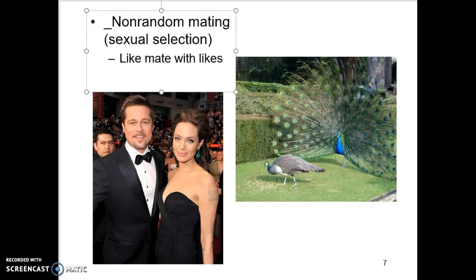Attractive, rich people tend to marry and reproduce with attractive, rich people. Just the way of the world. Peacocks: you got this male here with big, bright, showy feathers, a big tail fan. He's going to appeal to the strongest, healthiest, most attractive female in the flock. You could block this if you limited how many peacocks were there and forced matings, but that's not realistic. That's not nature. That doesn't happen in a natural setting. So that's our third factor.